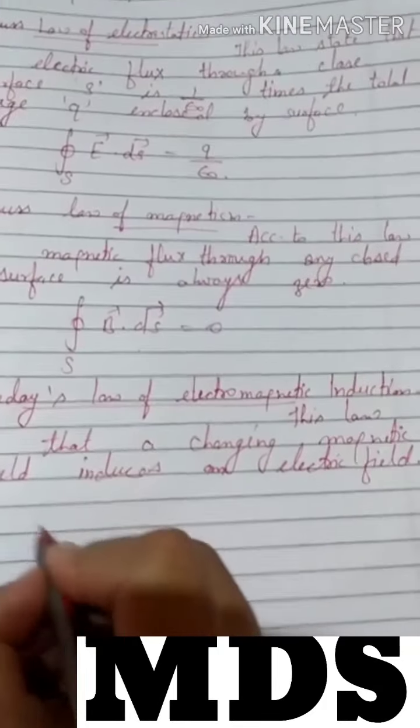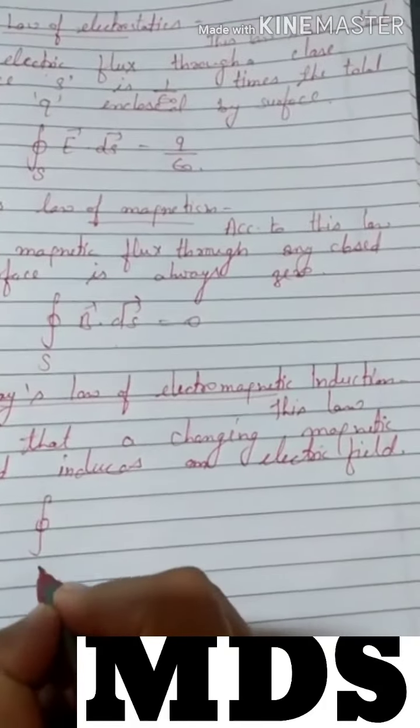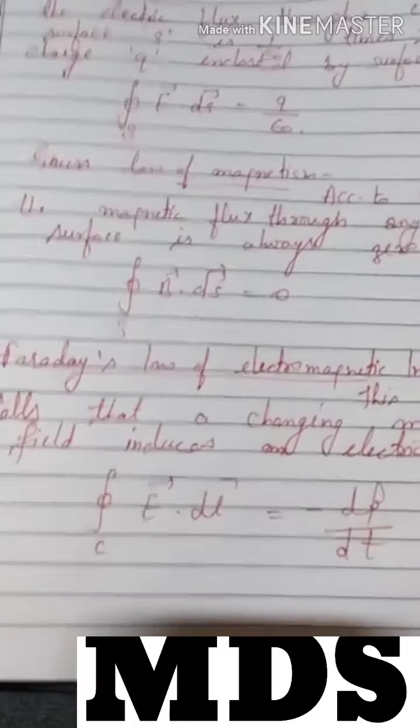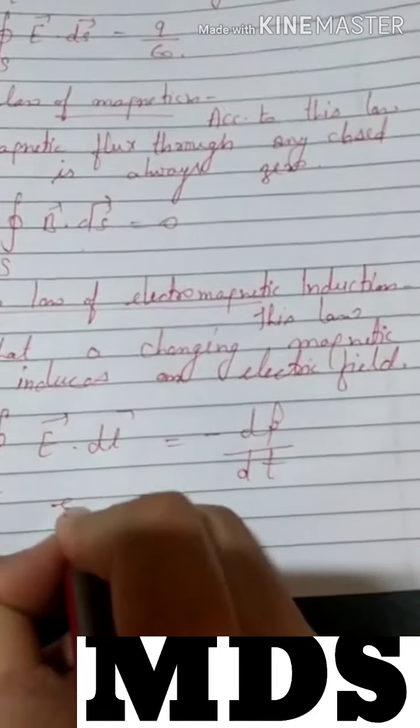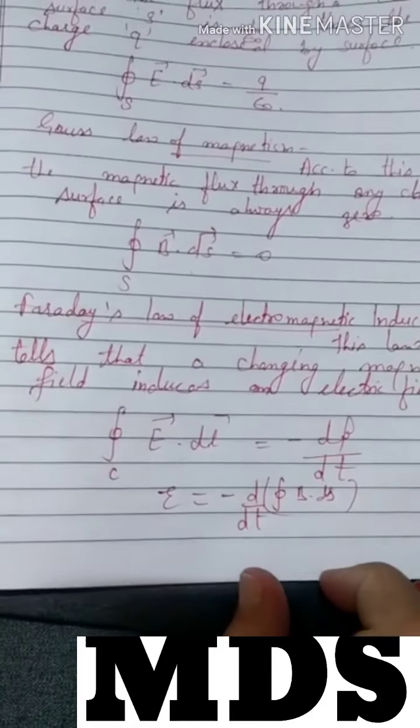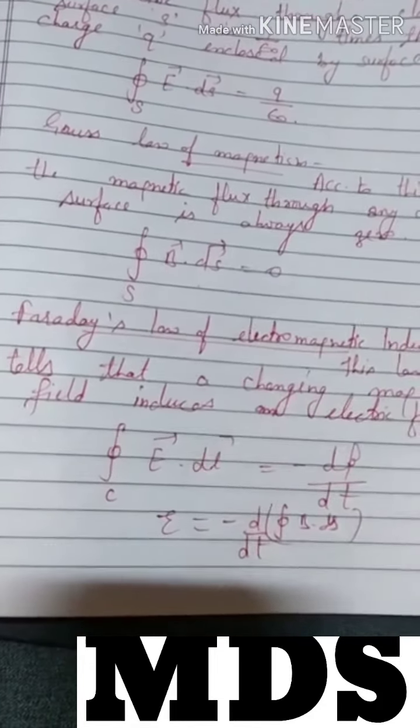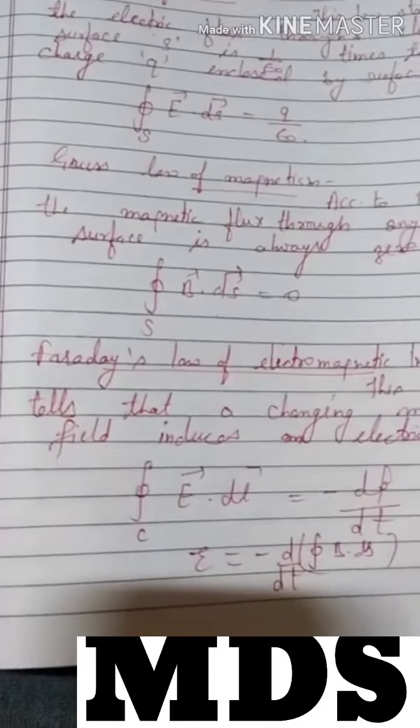Then we can say the closed integral of E dot dl is equal to minus d phi by dt. Clear? Now from this we can write the induced EMF is equal to minus d by dt of the integral of B dot ds. That is Faraday law of electromagnetic induction, and we can say the third equation of Maxwell.